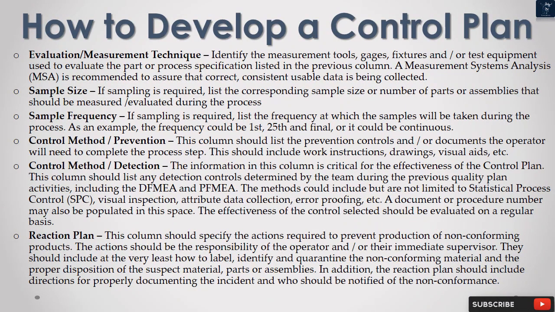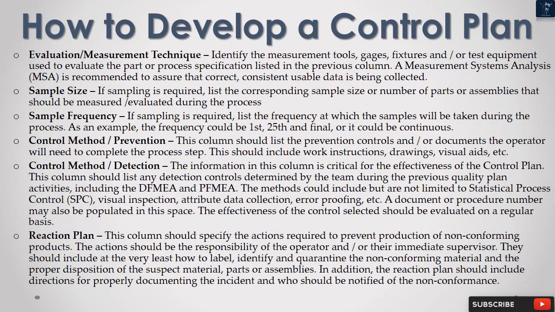Sample size: if sampling is required, list the corresponding sample size or number of parts or assemblies that should be measured/evaluated during the process. Sample frequency: if sampling is required, list the frequency at which the samples will be taken during the process. As an example, the frequency could be first, 25th and final, or it could be continuous.